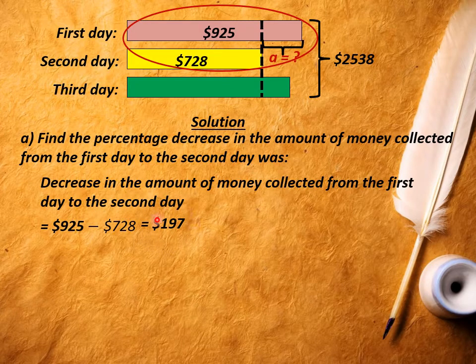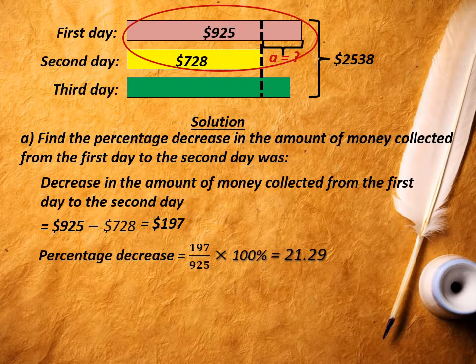So to find the percentage decrease, do you still remember the formula? Yes, you take the change out of the original quantity and then multiply by 100%. So you take 197 out of 925 and then multiply it by 100%. You will see 21.29%. But what they want is to correct your answer to one decimal place.